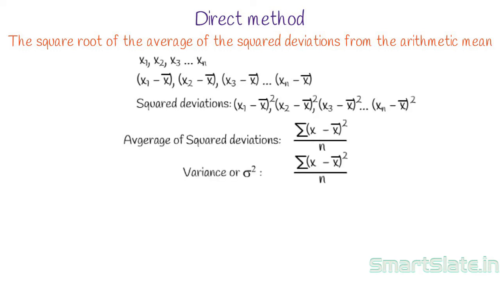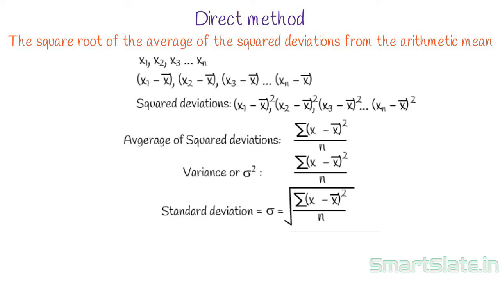So, variance or sigma square is equal to sum of (x minus x bar) square divided by n. Standard deviation is nothing but the square root of this variance. Hence, sigma is equal to square root of sum of (x minus x bar) square by n. (x minus x bar) square is x square minus 2x x bar plus x bar square.